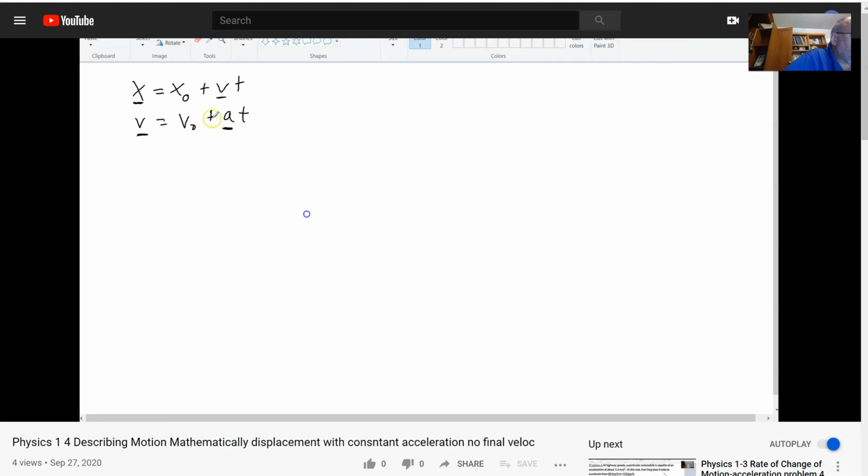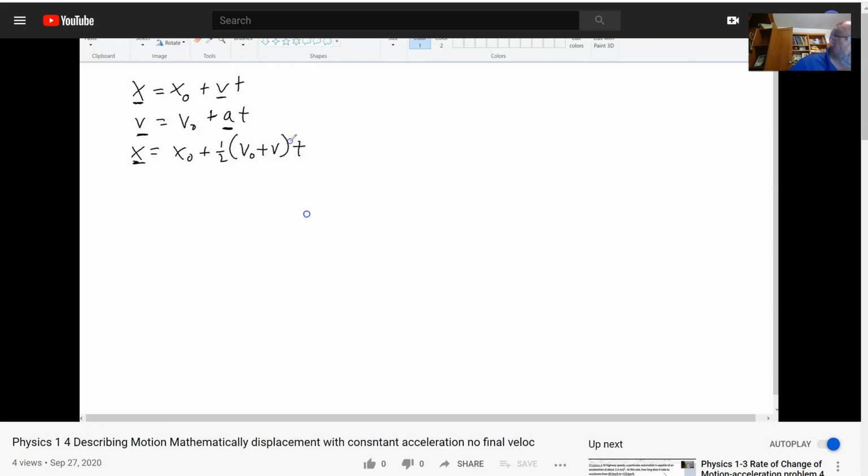How do I find my final velocity if I know what the constant acceleration is? Then we said, how do I find my final position if I have a constant acceleration and I know my initial and final velocities?